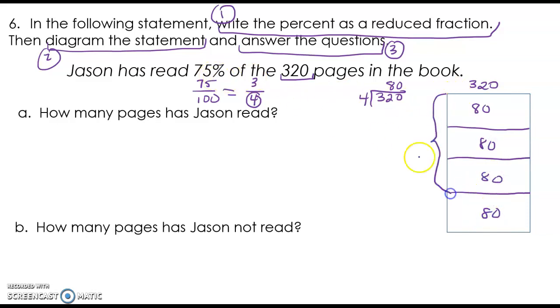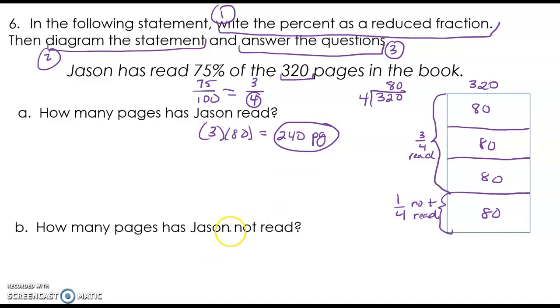So he's read this much. He's not read this much. Okay, so how many pages has he read? So 80 plus 80 plus 80, or 3 times 80, which is 240 pages. And then how many pages has he not read? 80.